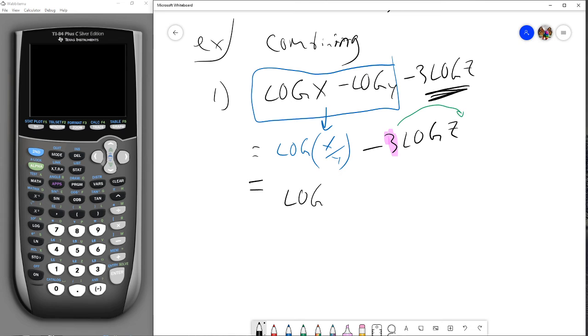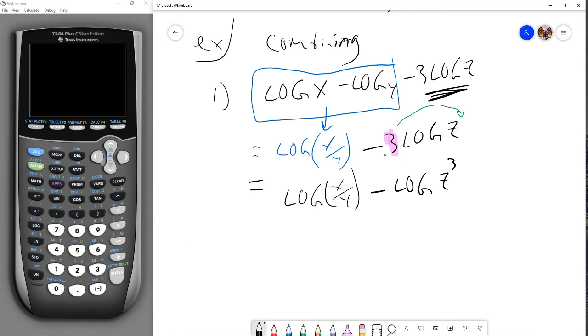So we have log of x over y, and then minus log of z cubed. Now there's really two options we could have done.